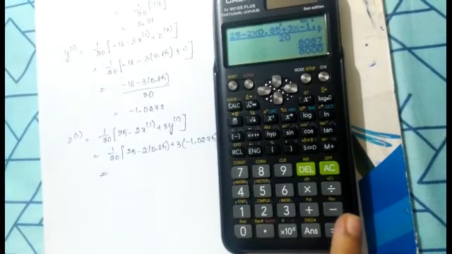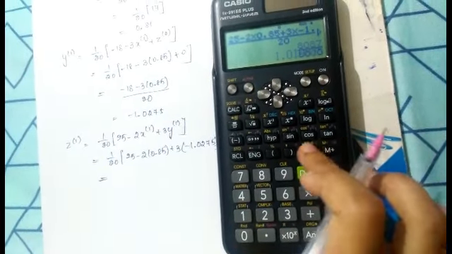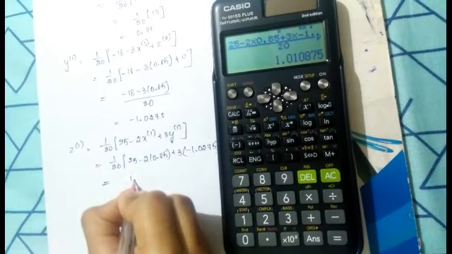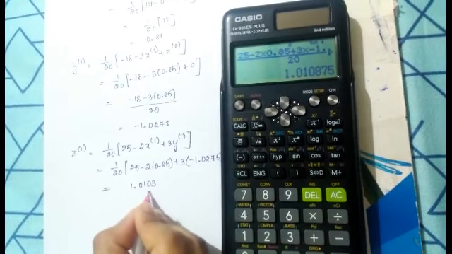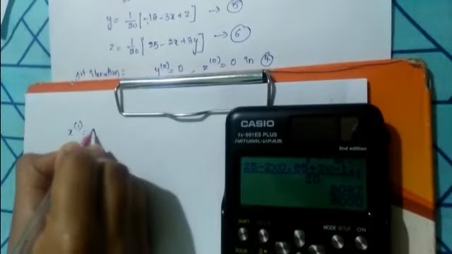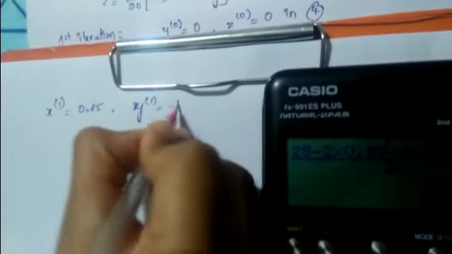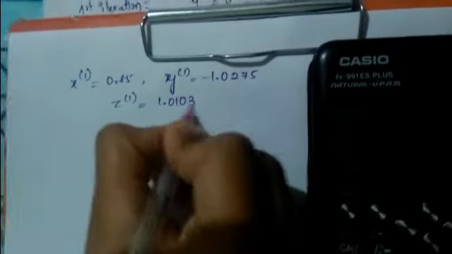That is equal to, we got this value, and click on S to D. You get it as 1.0103, or you can take up to 3 digits. Here we got the x of 1 value as 0.85 and y of 1 as minus 1.0275 and z of 1 as 1.0103.